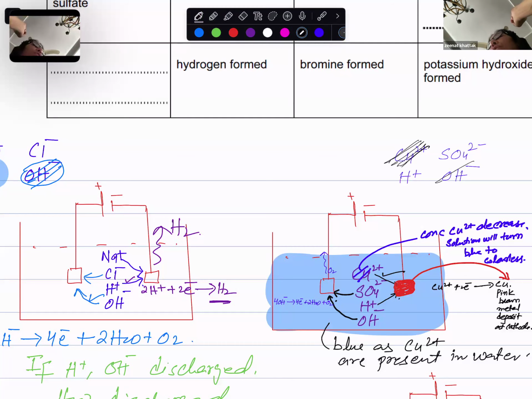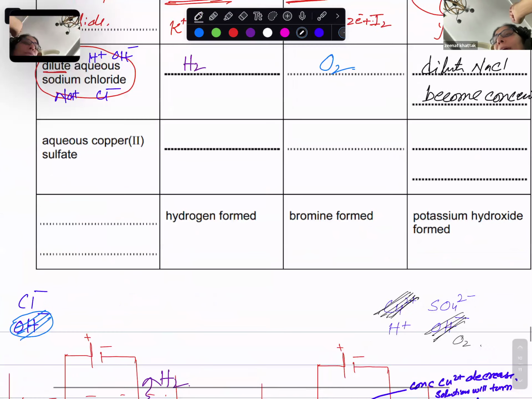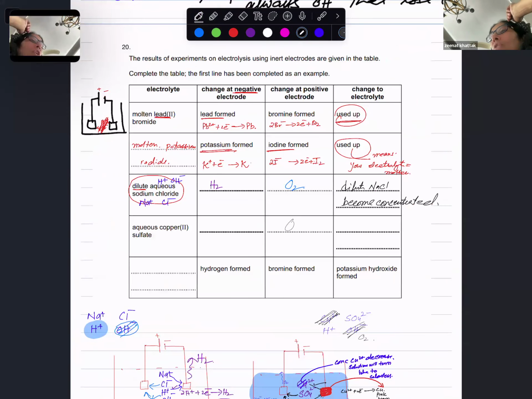Among sulfate and OH, OH is going, giving oxygen gas. So at the positive electrode, oxygen; at the negative electrode, copper is formed.